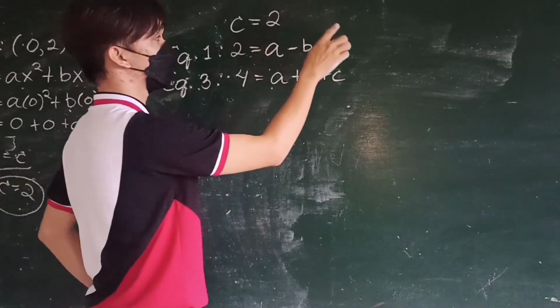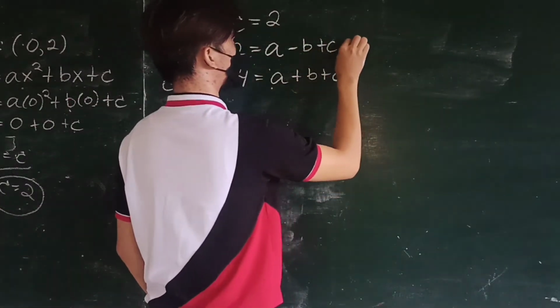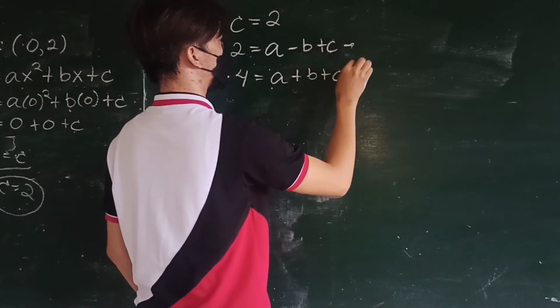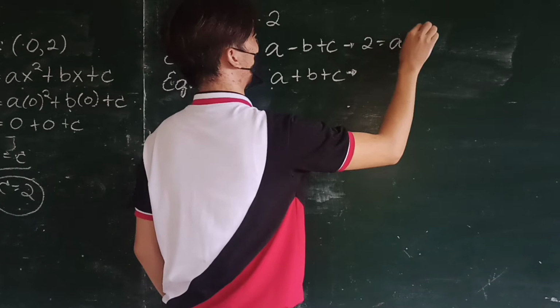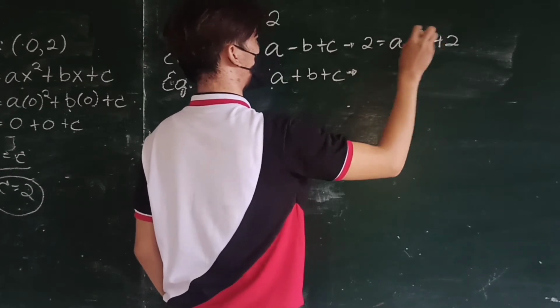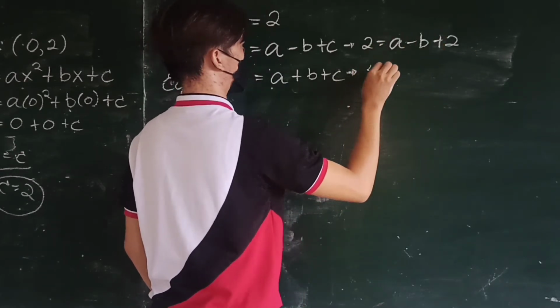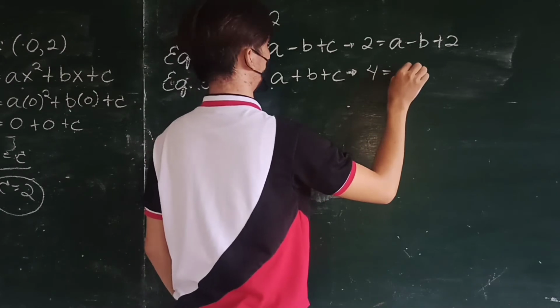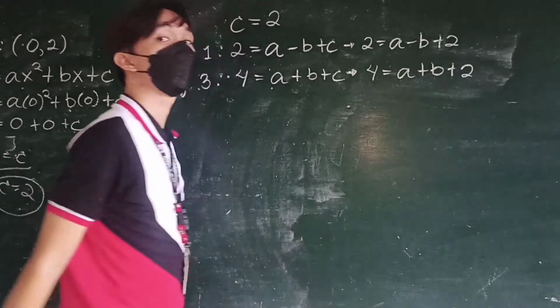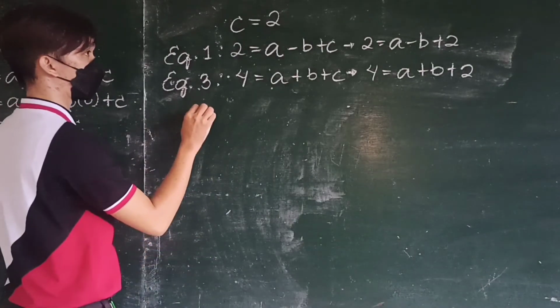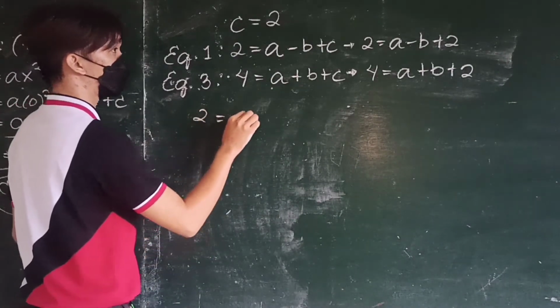Now, since c is equal to 2, we are going to substitute 2 to c on these two equations. So we have for equation 1, 2 equals a minus b plus 2. For equation 3, we have 4 equals a plus b plus 2. Now, using elimination method, let's find the value of b.